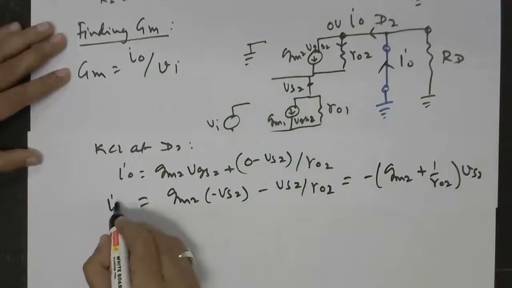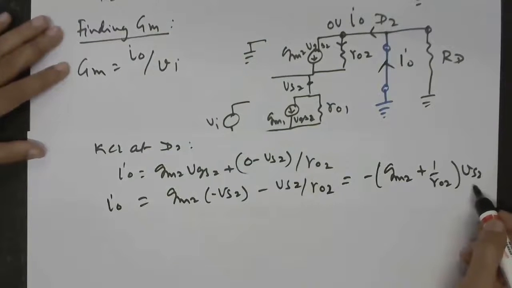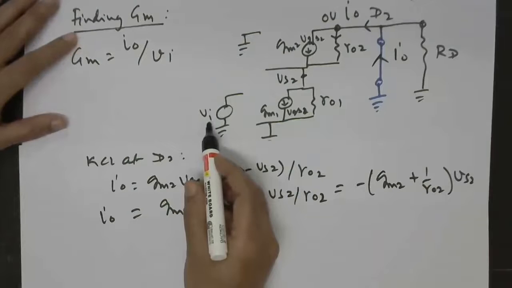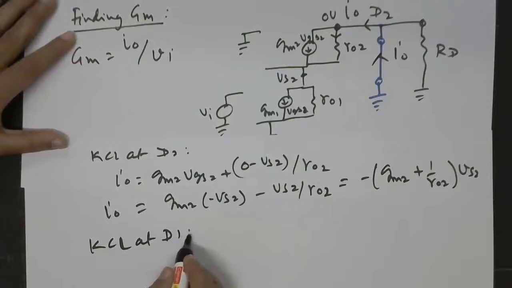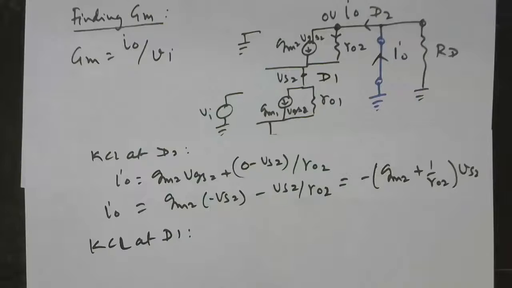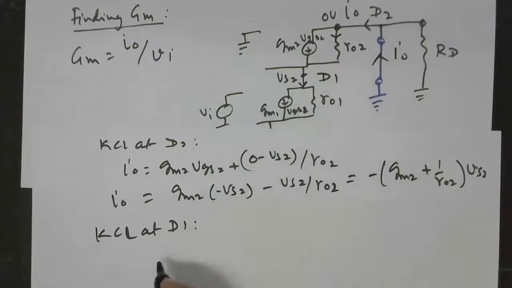times VS2. So we have this unknown VS2 which needs to be removed or written in terms of the external input Vi. Now we can write KCL at drain 1. At this location we can write the KCL. The same current now will flow here also.